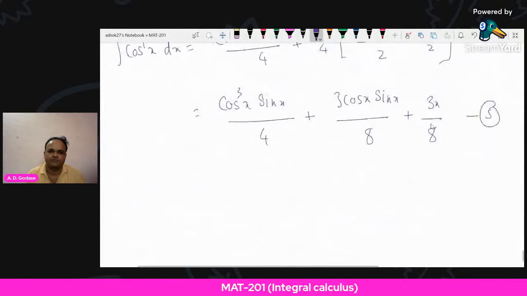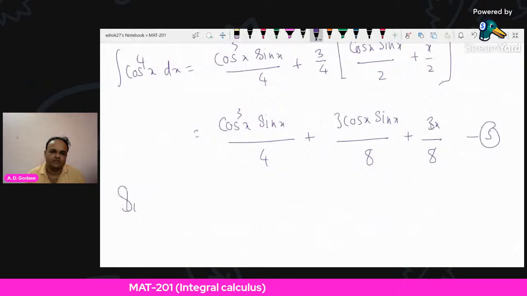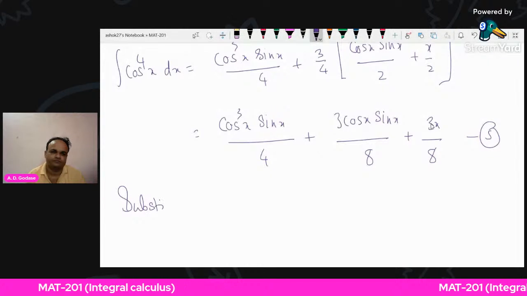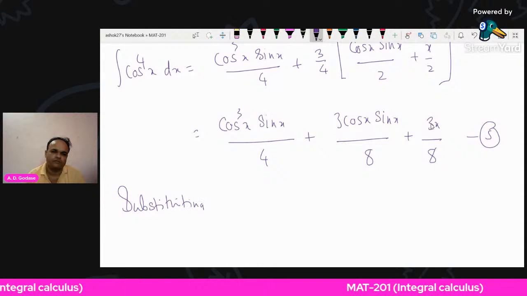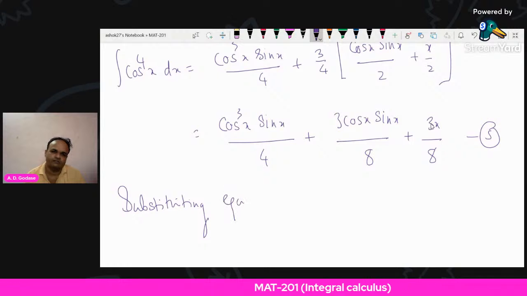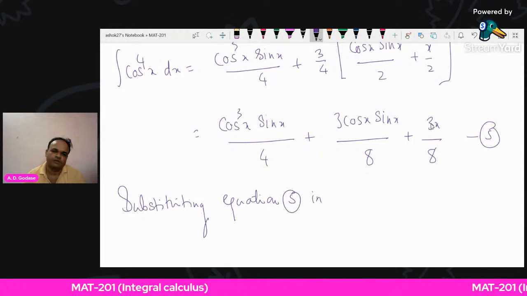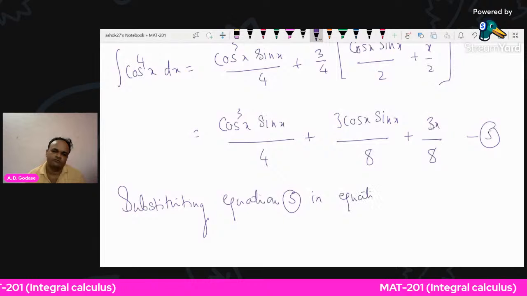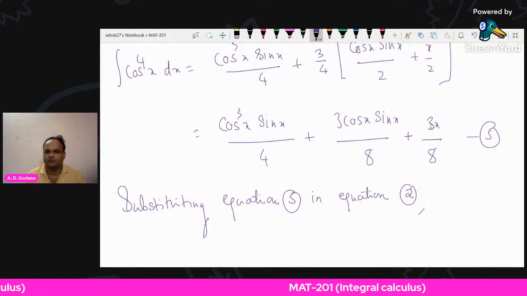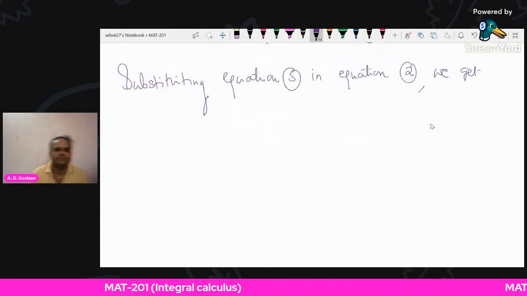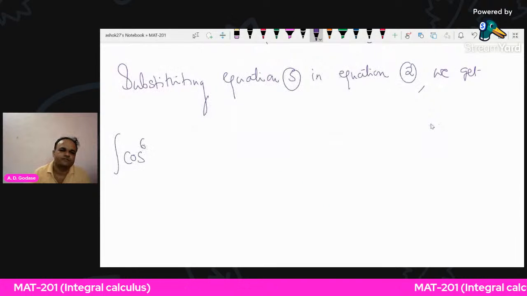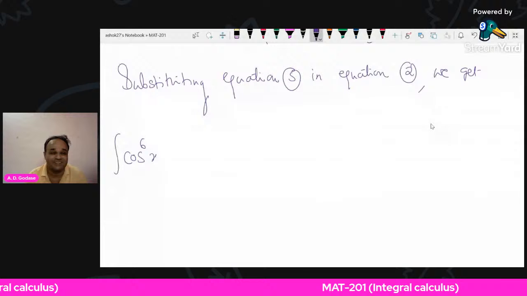So next, substituting equation 5 in equation 2, we get the value of the integration of cos raised to 6x dx.